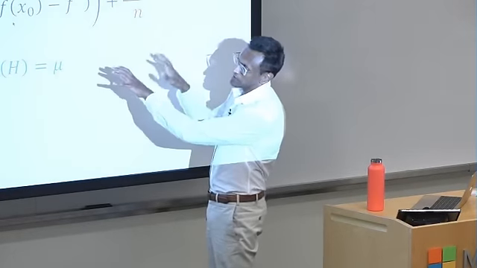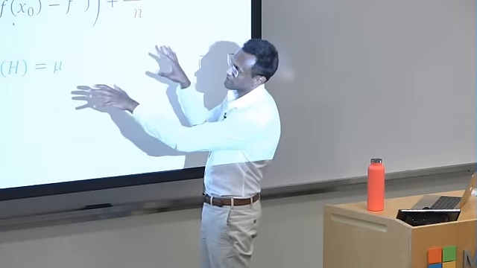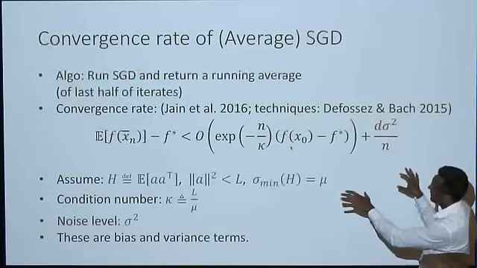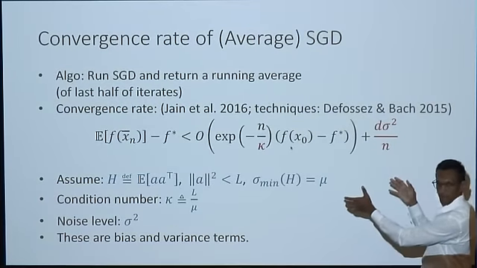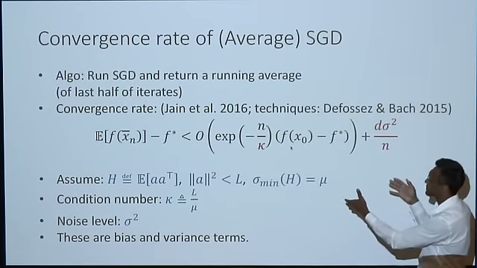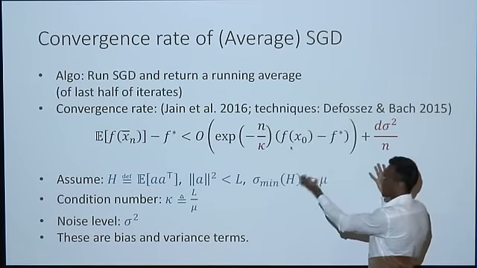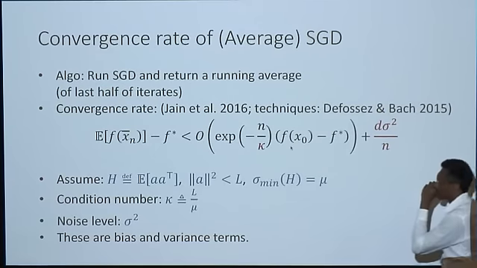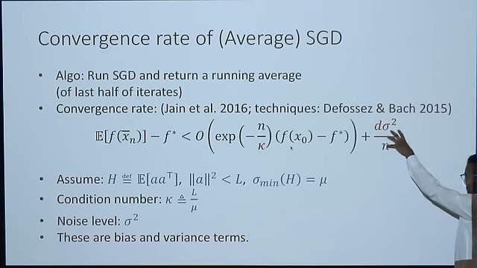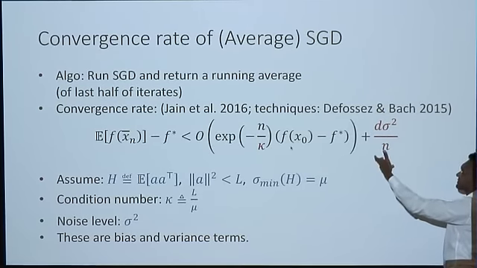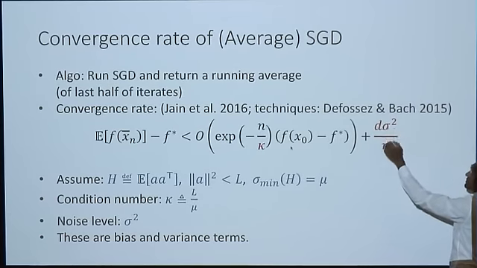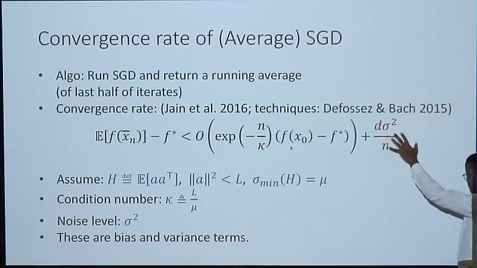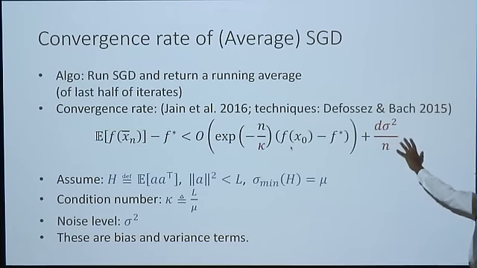If you run stochastic gradient descent appropriately, you can get the following convergence rate. After n updates of stochastic gradient descent with averaging, you get the second term, d sigma squared over n, which is great because this is exactly the statistical rate.